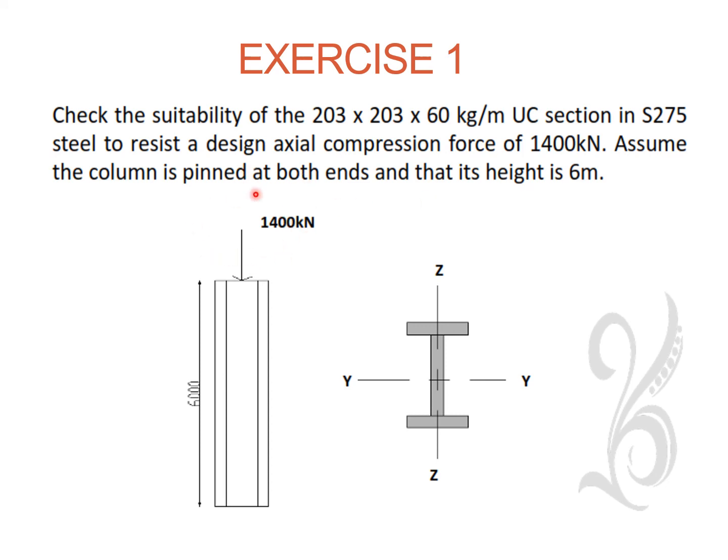The applied force NEd is 1,400 kilonewton, the condition at the top and bottom is pin, and the height of the column is 6,000 mm. Here is the axis: the ZZ axis or minor axis will cut along the web, and the YY axis should cut through the center.